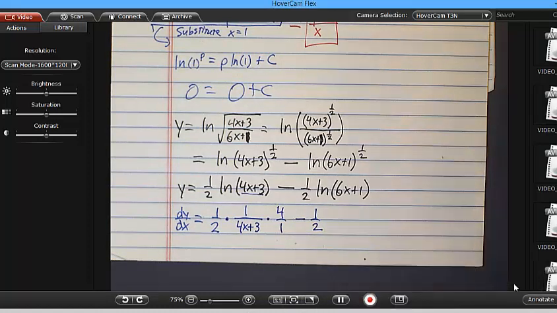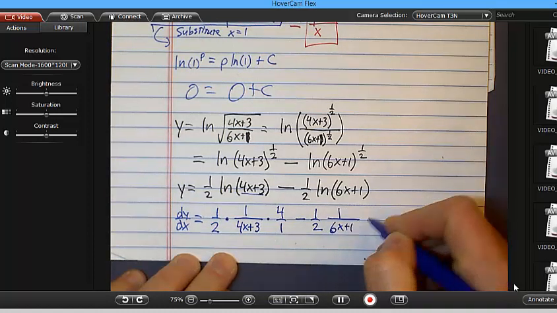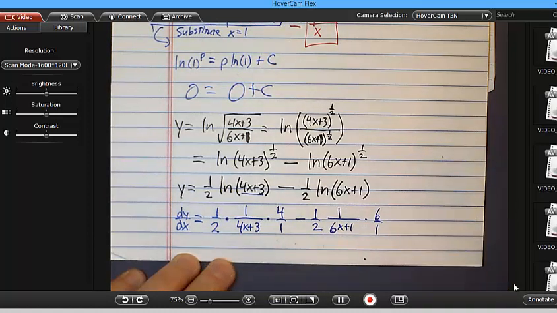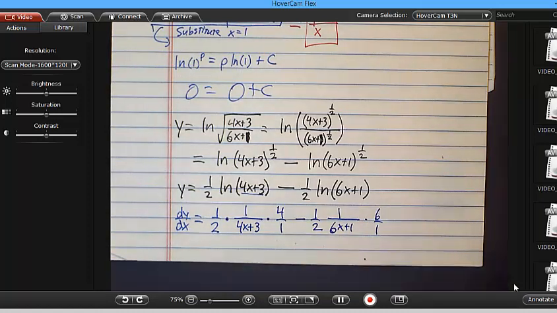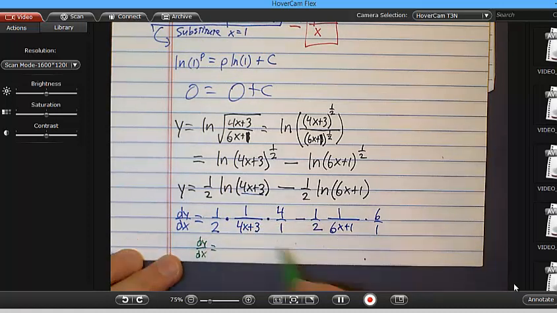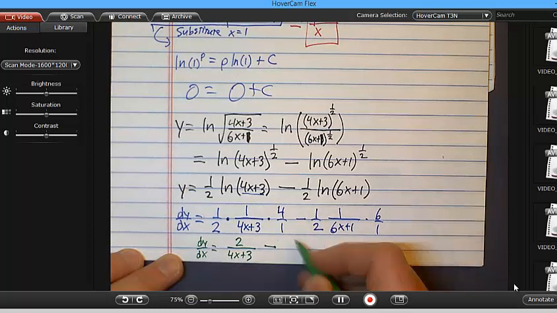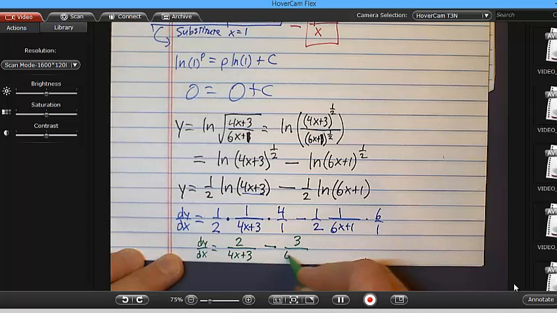Did you guys do this? 1 over 6x plus 1 times 6, right? So final answer for this one would be, here I'll write it down here in green, dy dx equals, I guess I would write 2 over 4x plus 3 minus 3 over 6x plus 1.